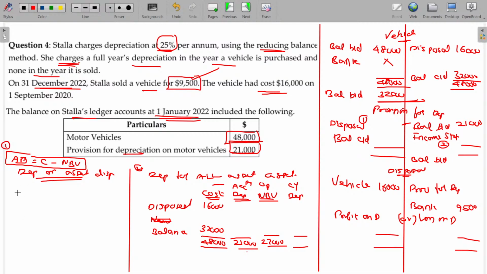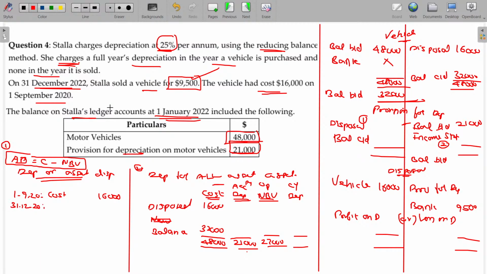Now we have to find out the accumulated depreciation for the asset disposed. This asset was originally purchased on 1st September 20 at 16,000. You have to claim the depreciation for the first year, up to 31st December 2020.